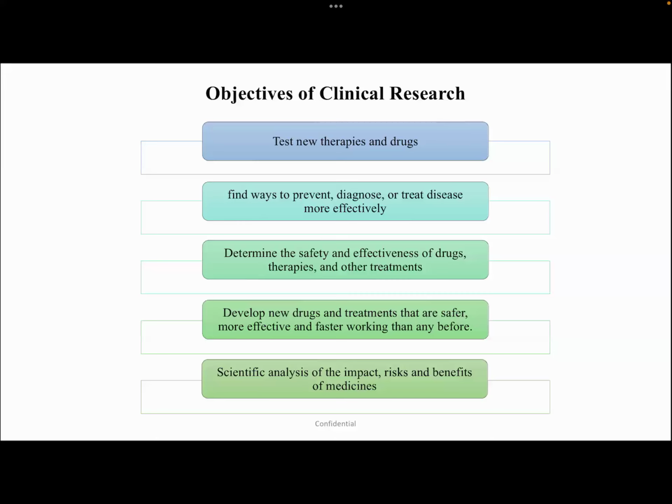So what are the goals of clinical research? It tests new therapies and drugs. Why am I telling you this information? Try to develop some interest in clinical research, because if you have interest in clinical research, then you will be able to figure out your career in a better way, right?